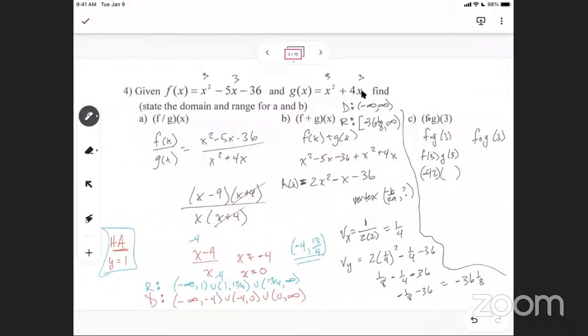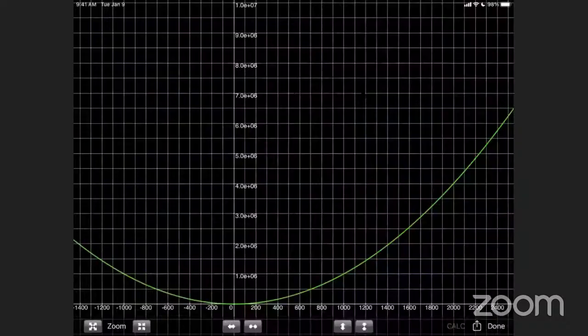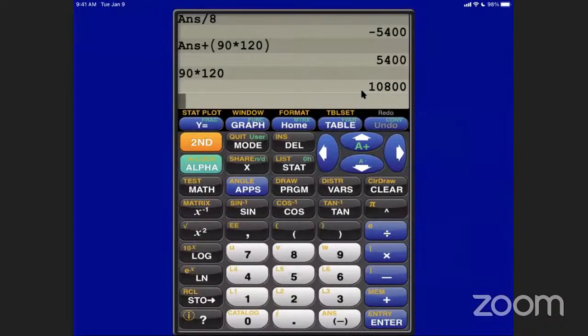And g of 3 is 9 plus 12, which is 21. So it's negative 42 times 21, which is negative 882.